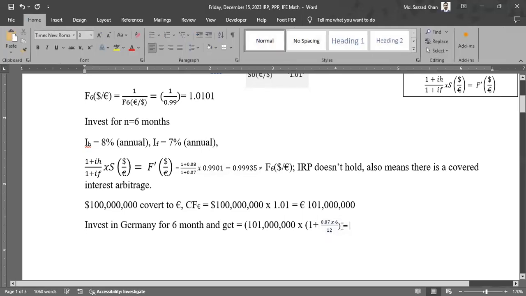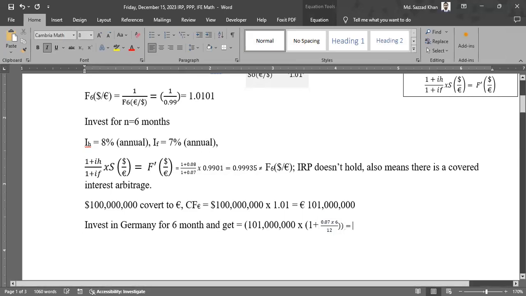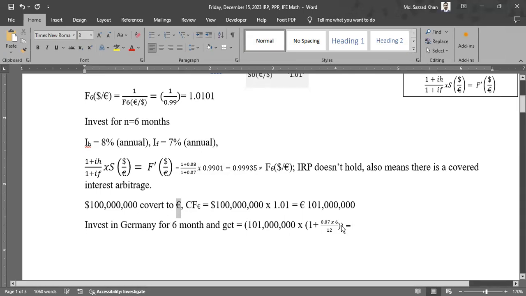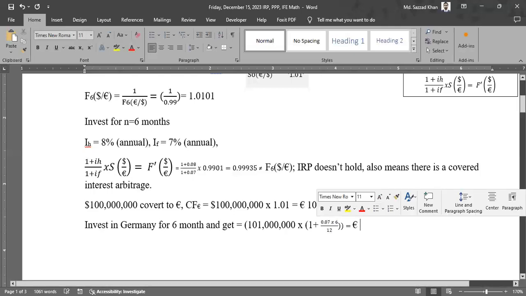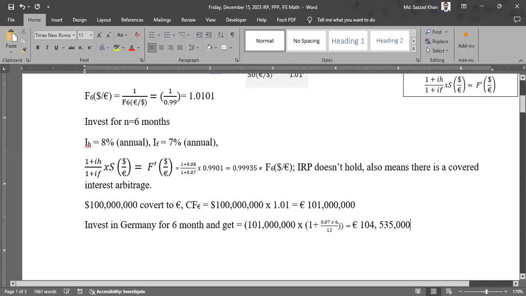Again, we need to close the bracket again. So what will be the value? You calculate yourself, then you'll know. 104,535,000. Okay.